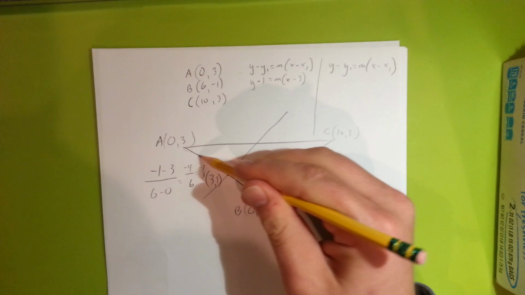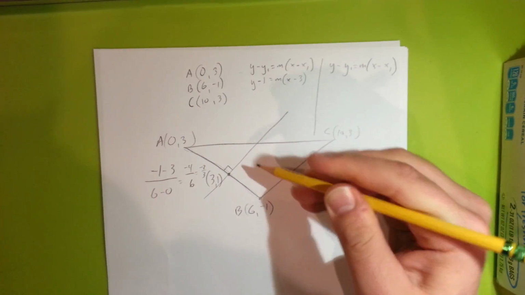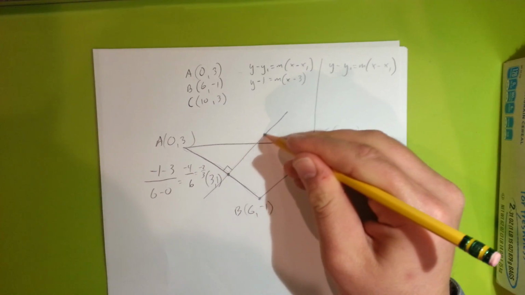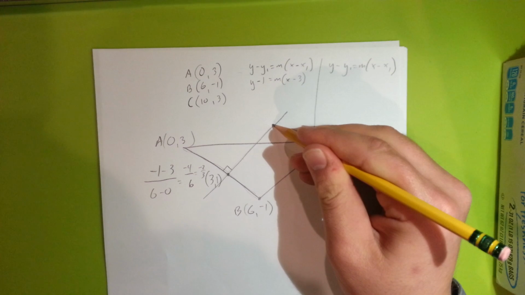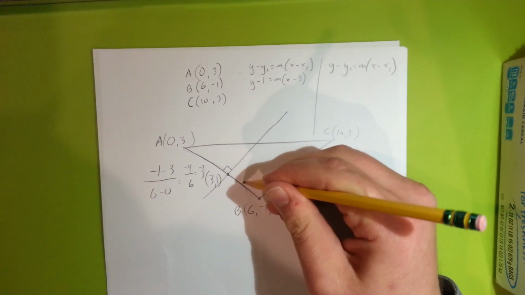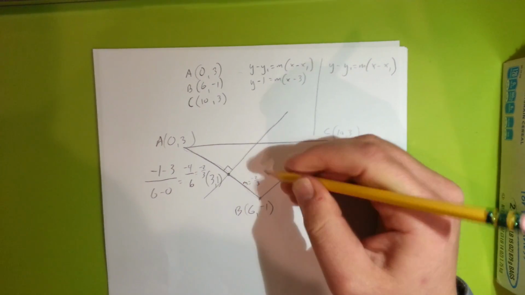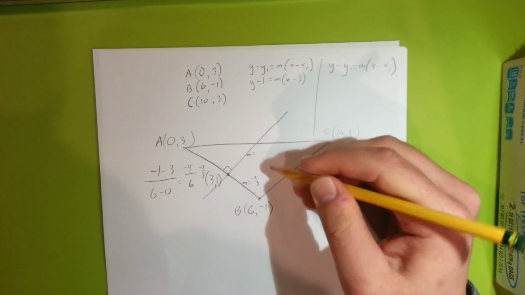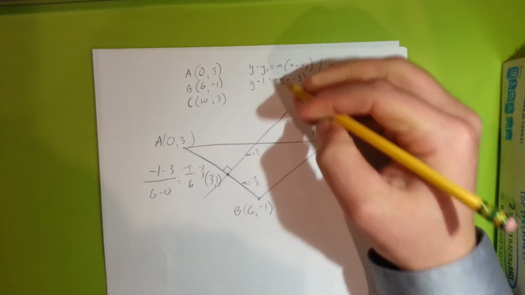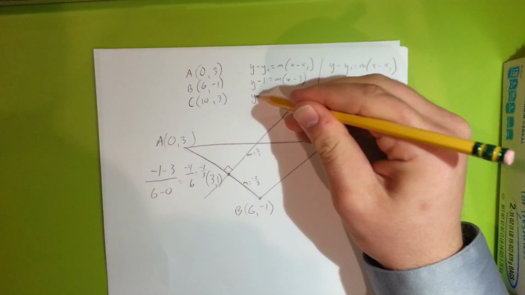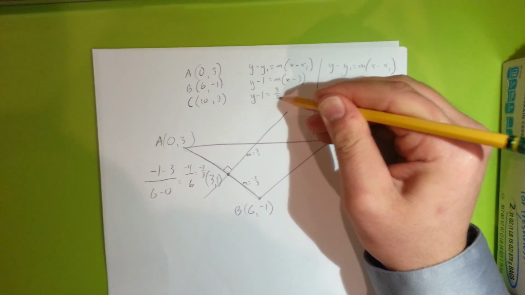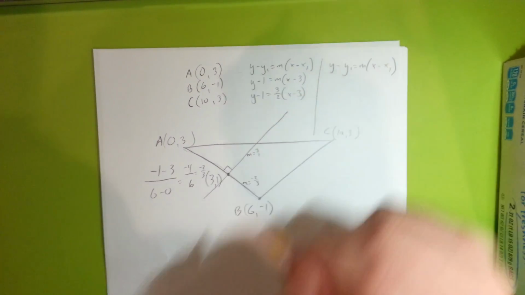So the slope of this line from A to B is negative 2/3, which means the slope of this line is going to be the opposite reciprocal, or in other words, 3/2. So the slope of this one is negative 2/3, and the slope of this one is the opposite reciprocal, 3/2. So now the equation of this line is y minus 1 is equal to 3/2 times x minus 3.